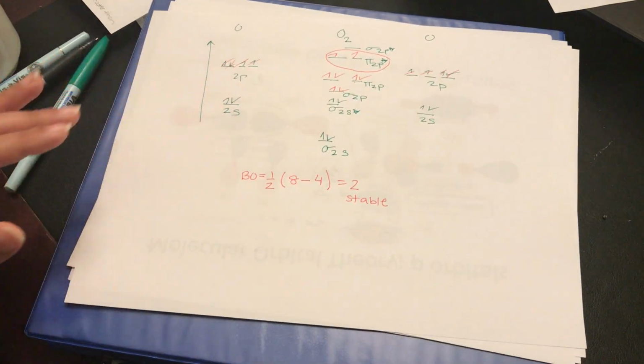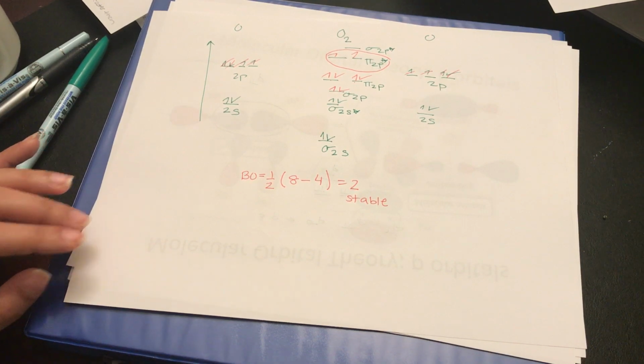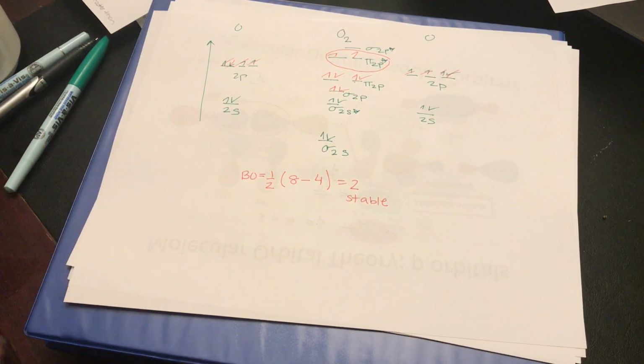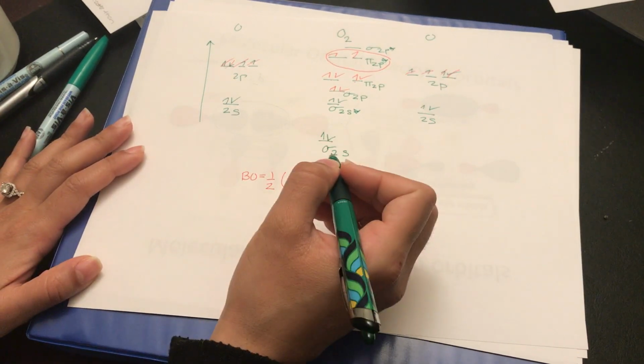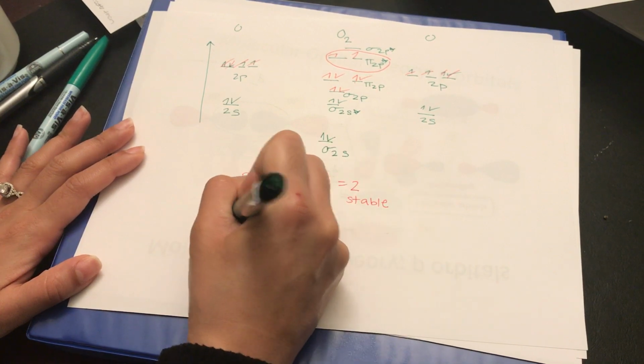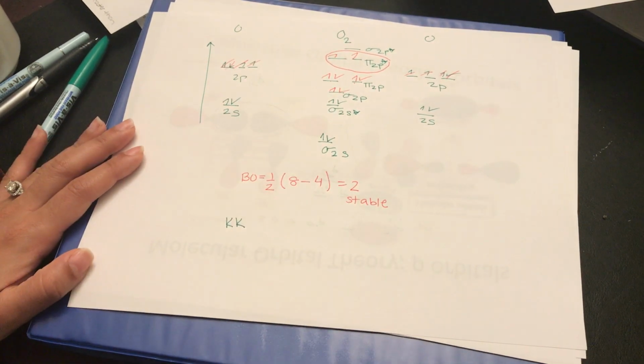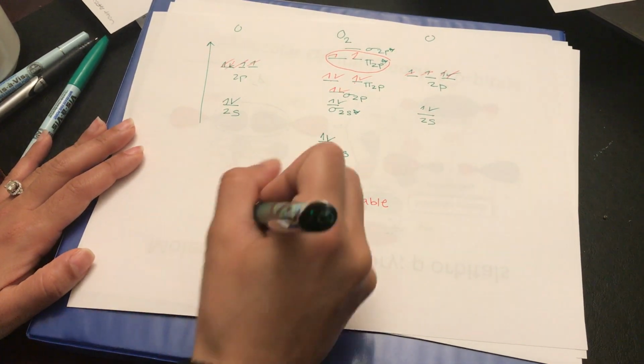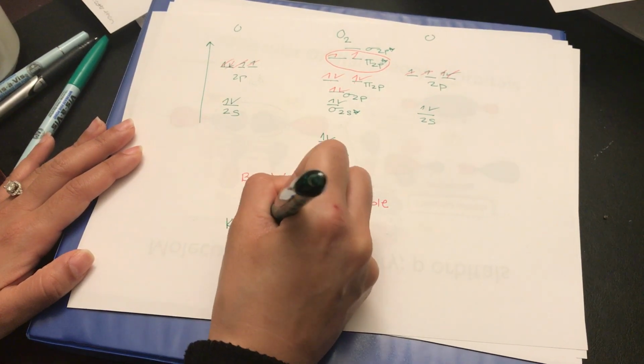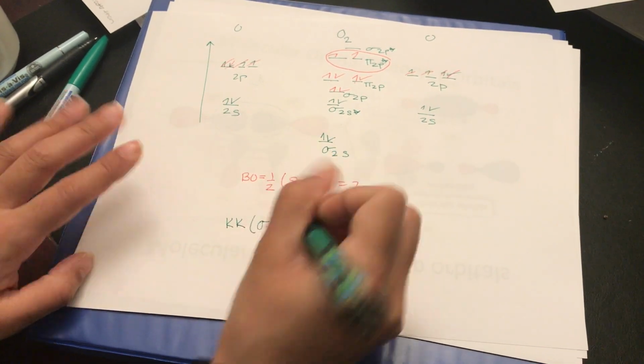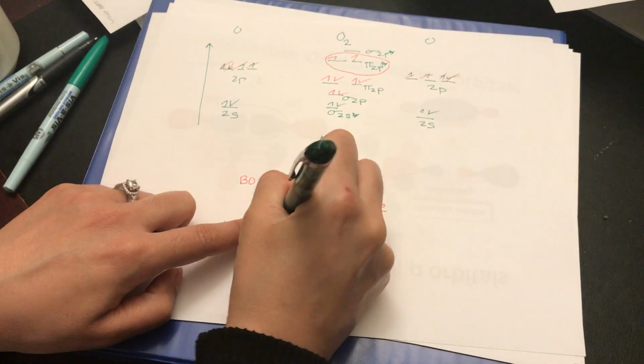Now another thing that we look at when we're doing molecular orbitals is writing the configuration, just like what we did for electron configurations of atoms. So I would write KK, symbolizing that I'm talking about my molecule. Then sigma 2s instead of 2s2. Sigma 2s has how many electrons? 2.